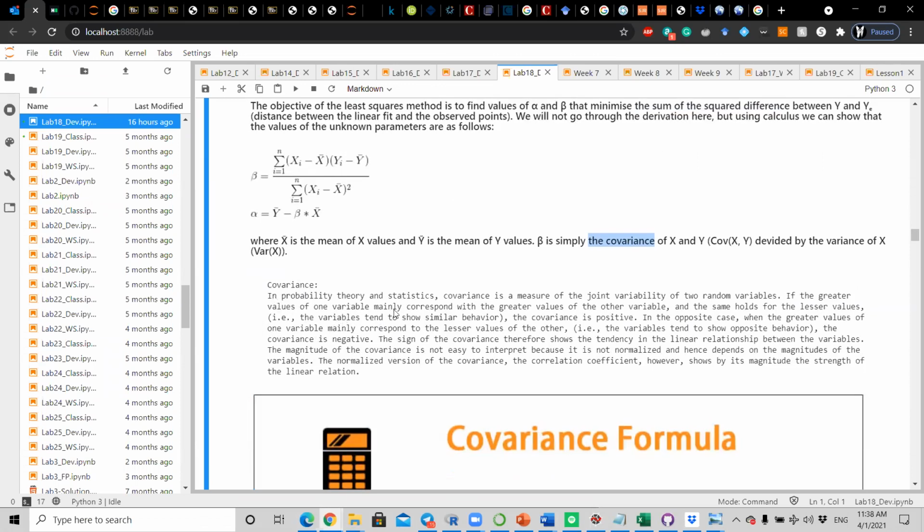In probability theory and statistics, covariance is a measure of the joint variability of two random variables. If this is a little weird, don't worry about it. We are basically saying that if the greater values of one variable mainly correspond with the greater values of the other variable, we are having a positive covariance.